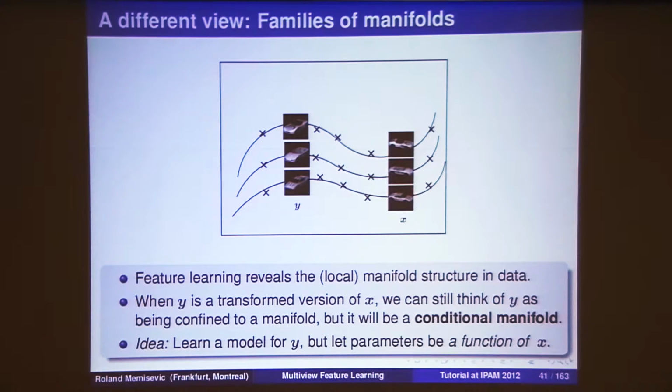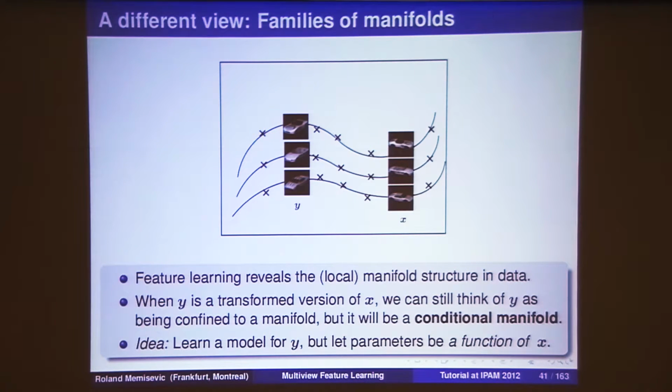But if you plug in another image, x, and subject this other image to the same transformations from that class, you're going to trace out another manifold, which, depending on how similar these two images are, is going to be more or less parallel or close to the manifold from the other image. And if you plug in yet another image x and transform it according to transformations from your class, you're going to trace out yet another manifold.